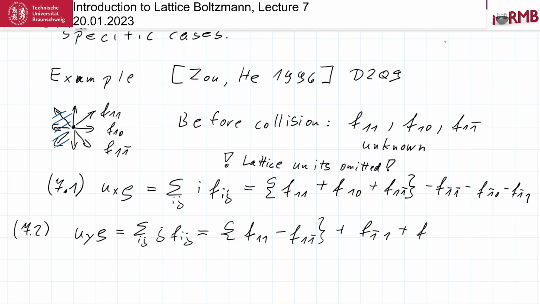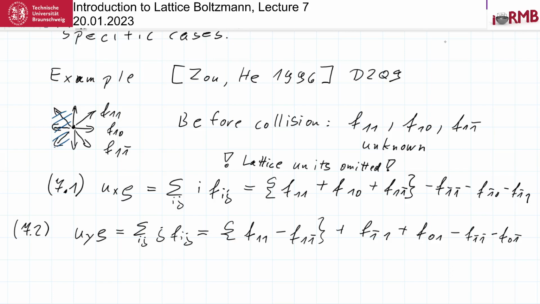I mean, one thing that's crazy about this boundary condition is that the distributions that run parallel to the boundary are kept as simulation variables, which is also not necessarily, I don't want to say correct, but it's not intuitive, right?